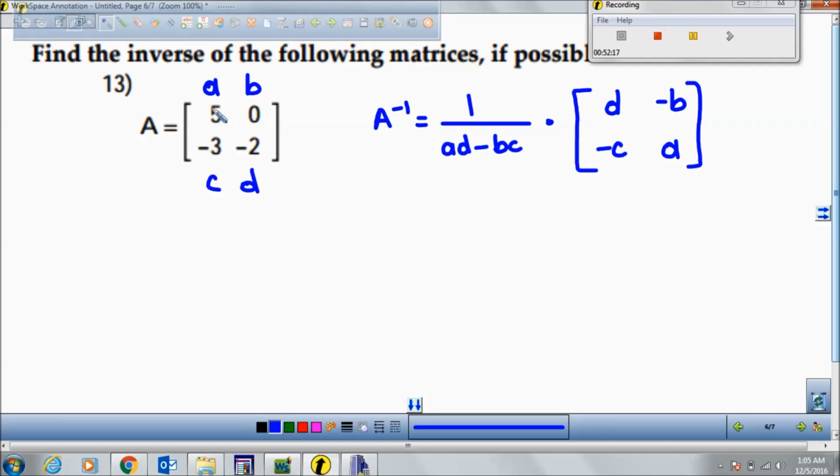So when it says here 1 over A times D minus B times C, they're saying 1 over 5 times negative 2 minus 0 times negative 3, times this determinant, where basically what you're doing is switching places the A and the D value and changing the sign, or multiplying times negative 1 the value of B and C, or changing their signs to the opposite, however you want to see it.